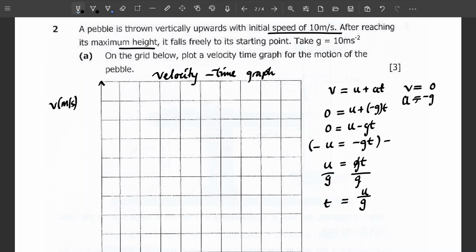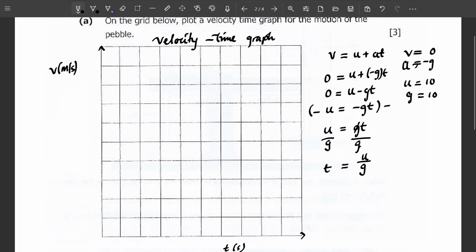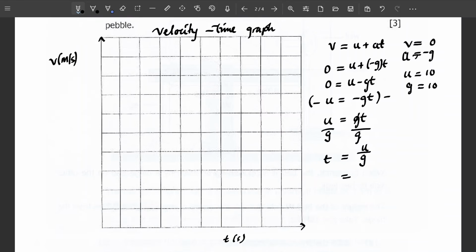So initial velocity is 10 and g is 10 already there. We substitute: t equals 10 over 10, which gives us 1. So the time will be 1.